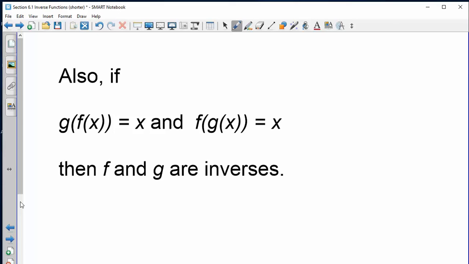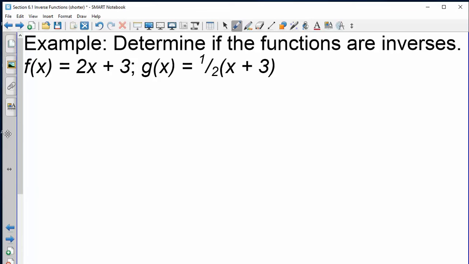If I start with a 5 and first I subtract my 2 and then I add my 2, I'd still end with a 5. So if they are inverses, you should be able to compose them, and you should get x out both times. So we're going to use that property to check if some functions are inverses of one another.